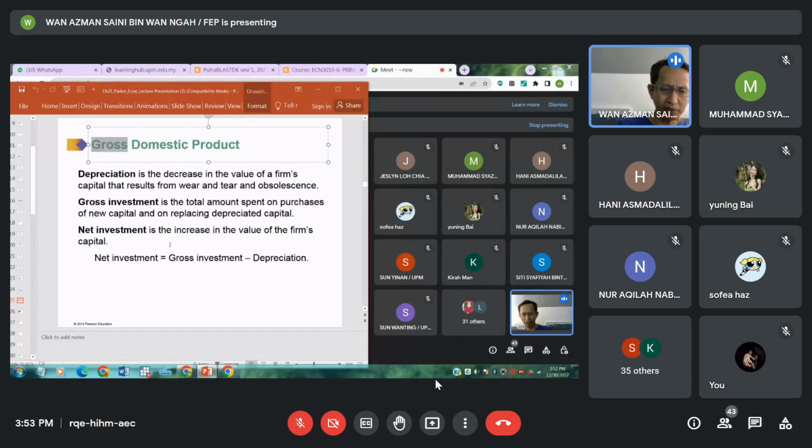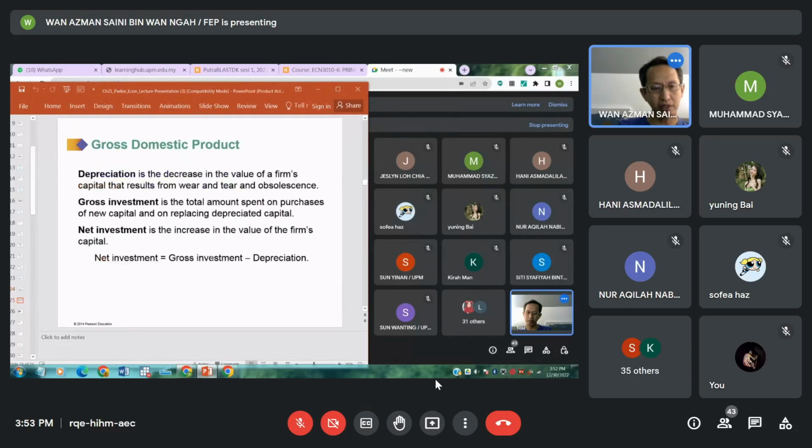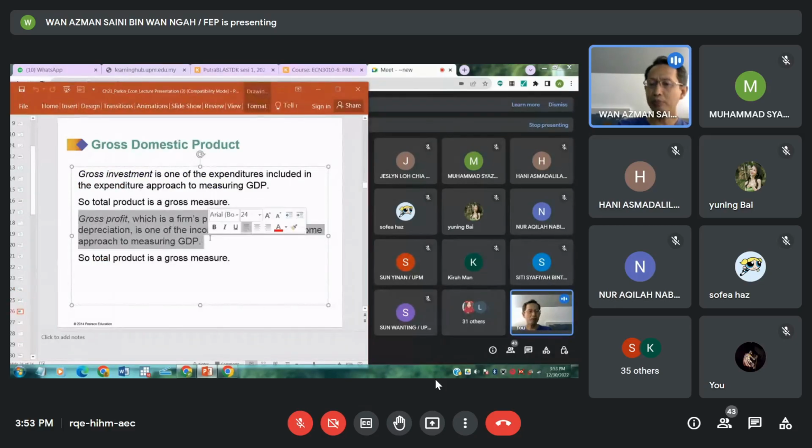And also, when it comes to the income approach, we use gross profits. So when we compute the GDP using the income approach, we include the profit earned by the corporations, for example.